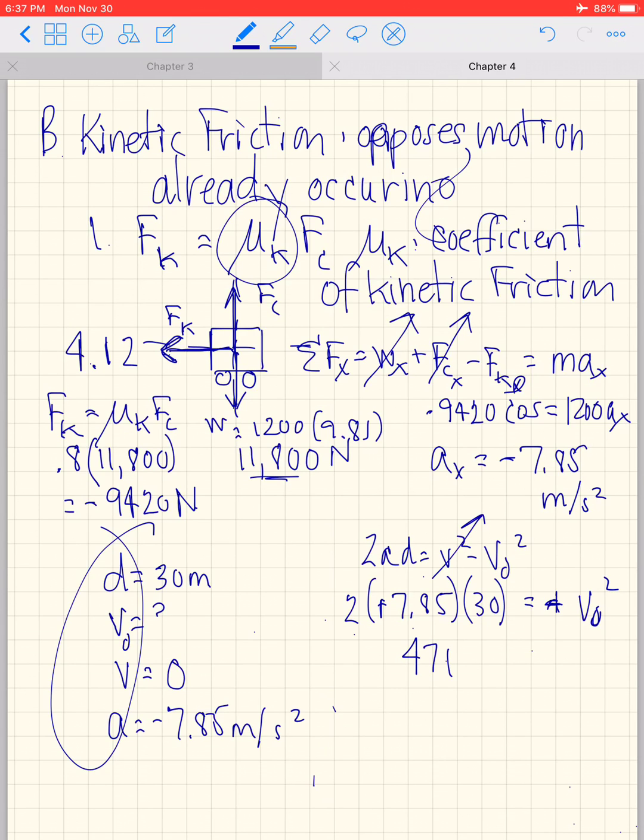Feel free to check my math on this one. I may be making mistakes here just because I'm doing this as I'm talking to you. So to find V naught, I just have to take the square root of it, and I end up with 21.7 meters per second as my initial velocity. I'm just going to do that one more time. 2 times 7.85, just to check my math, times 30 is equal to 471. Take the square root of it. Yep, that's right. All right, folks, that is how you do these problems.